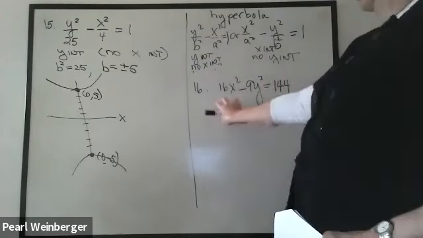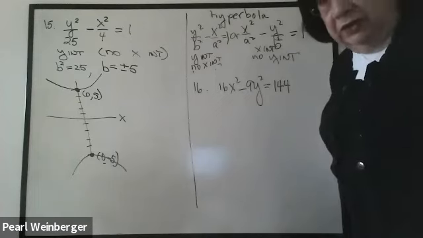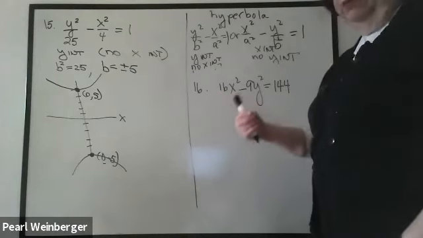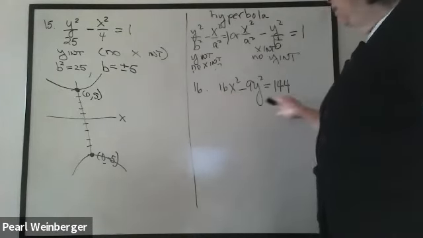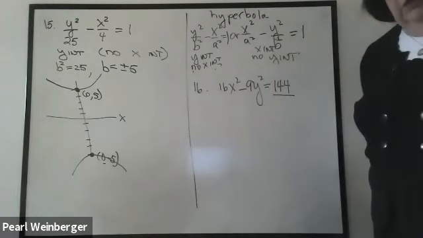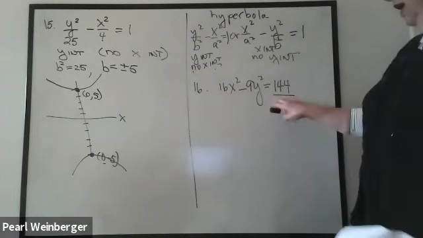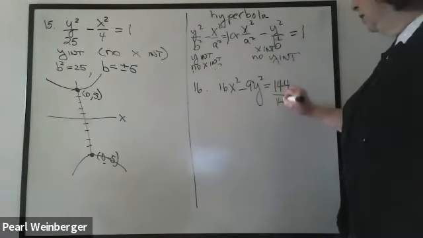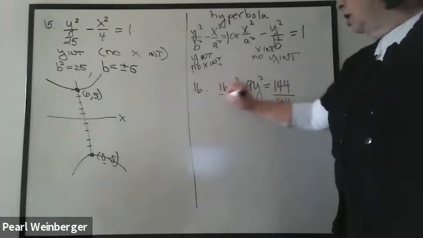I know it's a hyperbola because of an x² and a y², and one is negative. And that means that the x² is the positive one, means I'm going to have x-intercepts, but it's not in standard format, so I'd have to do what I did similarly with the ellipse by dividing by this to be in standard format. This has to be a 1, so I'm going to divide everything by 144.